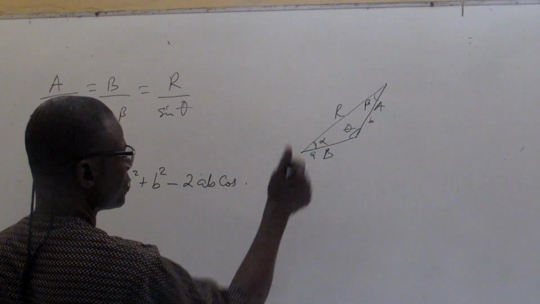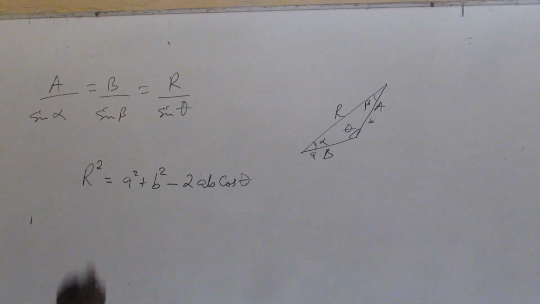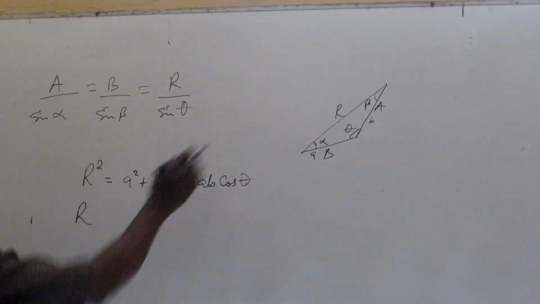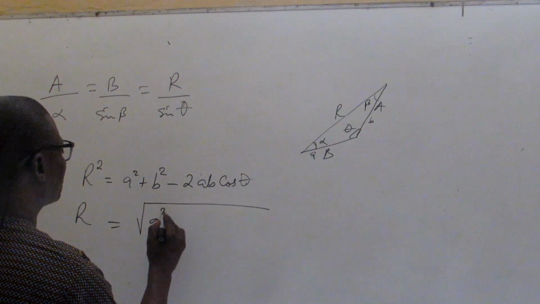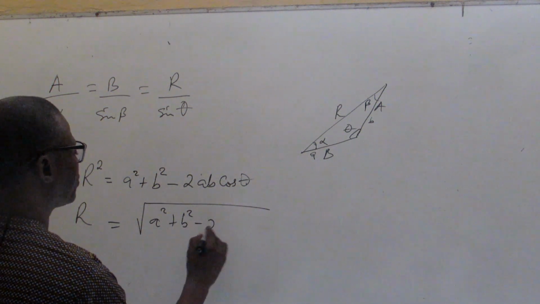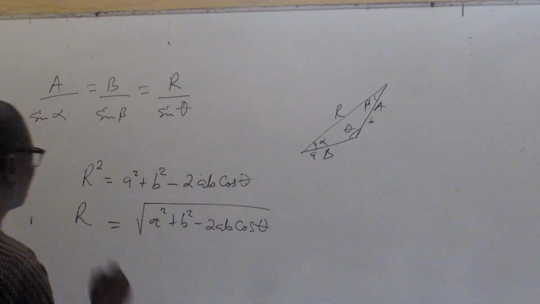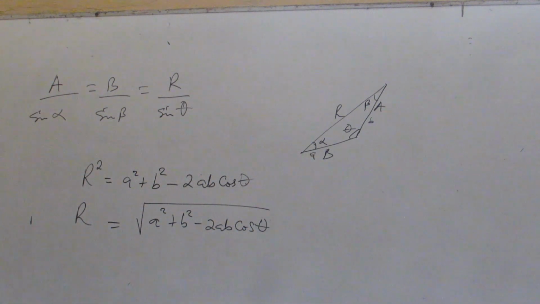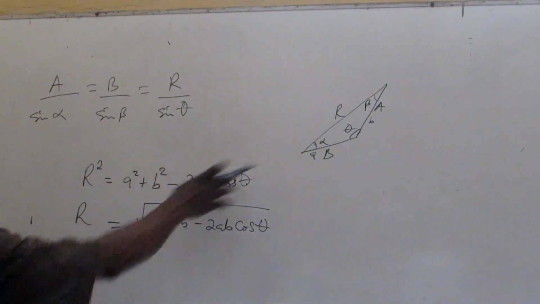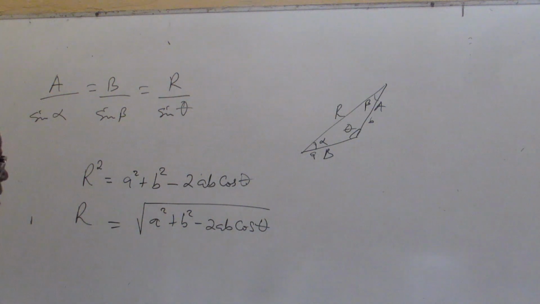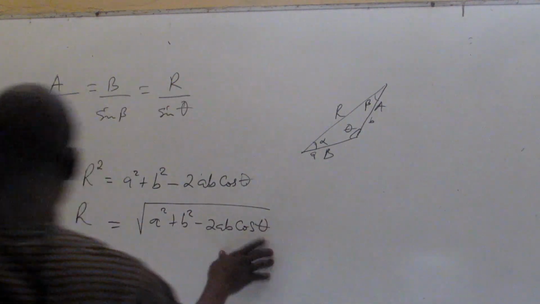From here, we see that our resultant is given as the square root of a squared plus b squared minus 2ab cos theta. So to get the resultant, any of them that you can substitute to get from the available data that you have. So the resultant is given as this identity here.